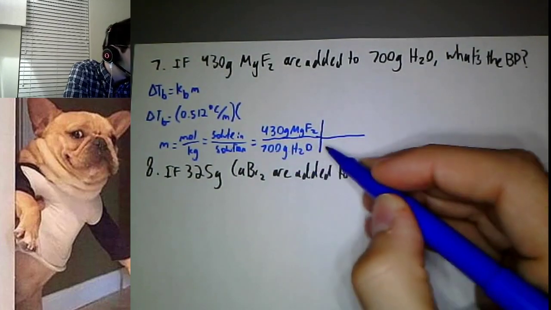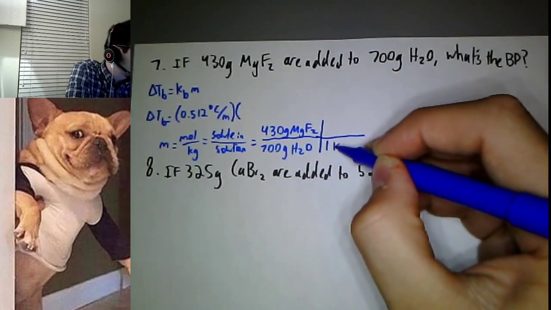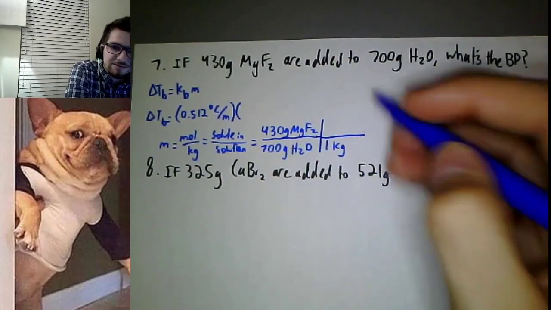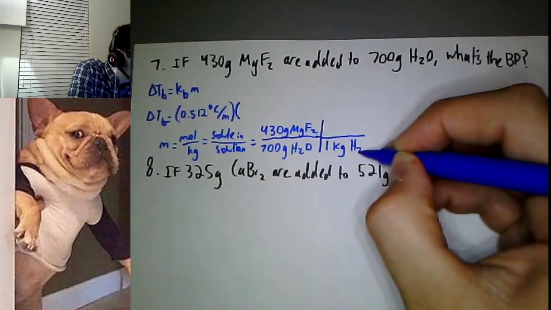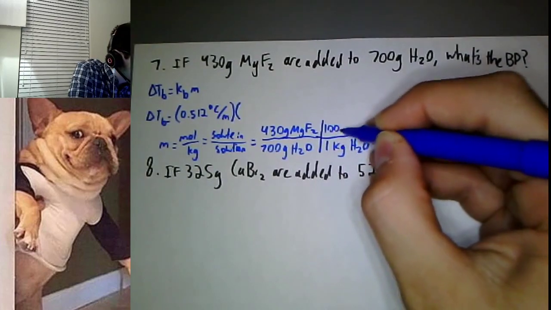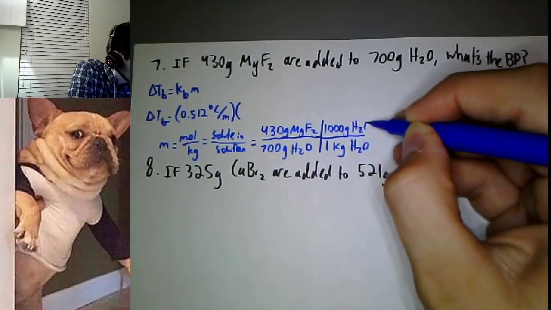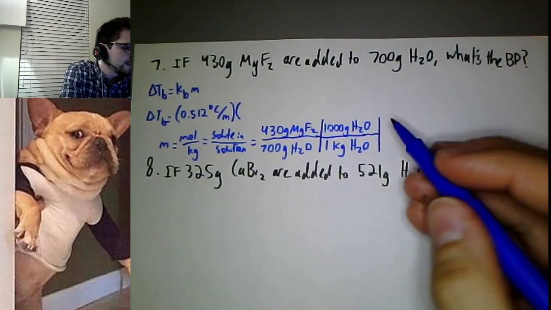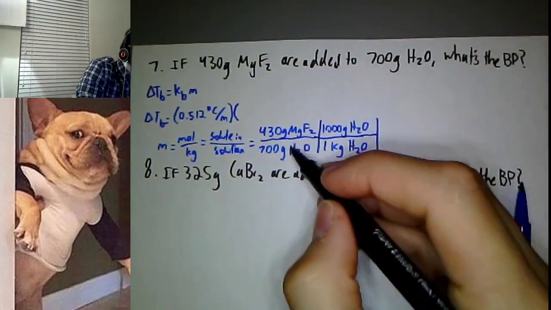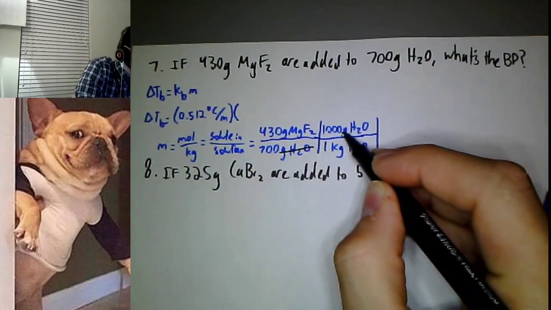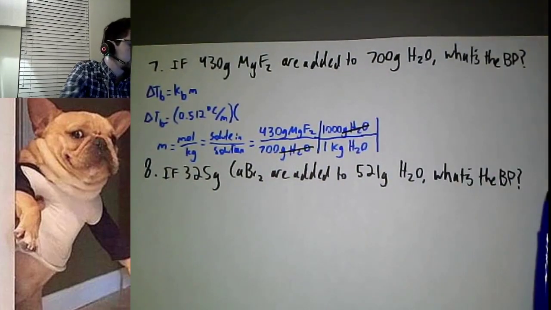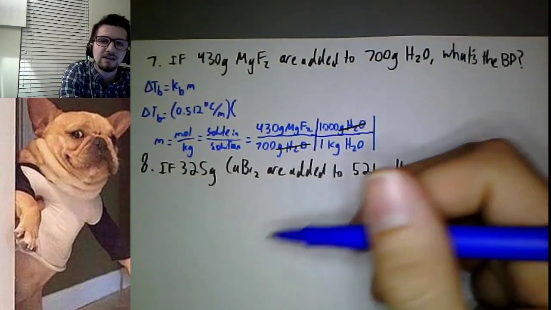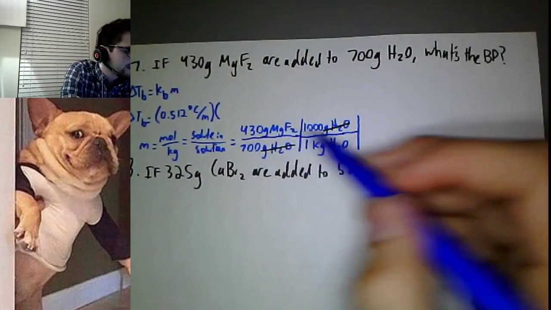If I want this to be kilograms, then I multiply by 1 kilogram. How do I convert from grams to kilograms? I divide by 1,000 grams. Perfect, so my grams of water cancel, and now I have kilograms of water in the denominator. That's exactly what I wanted. Now how do I get moles on top?